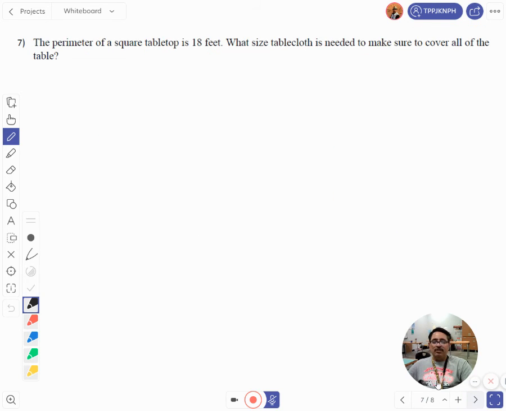There are a couple of questions. Let's quickly finish these two. The perimeter of a square tabletop is 18 feet. In my previous session also I explained perimeter of a square. So let me write the condition. Perimeter of a square is 4 times side.